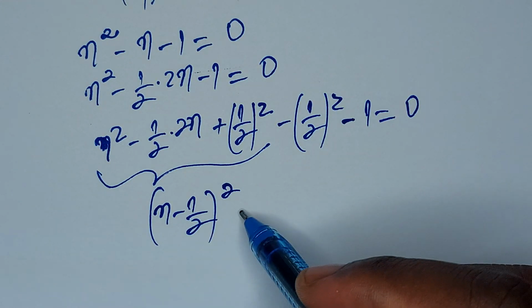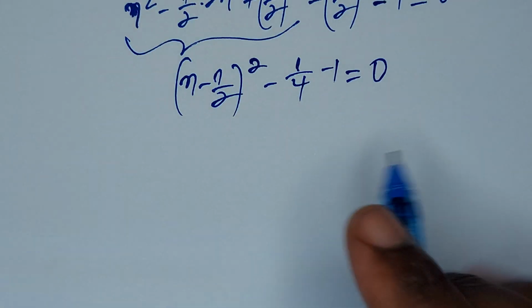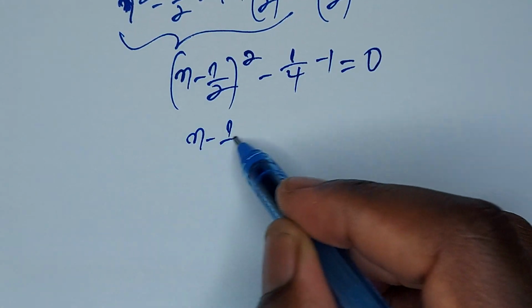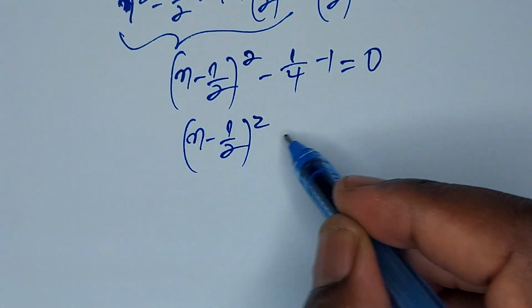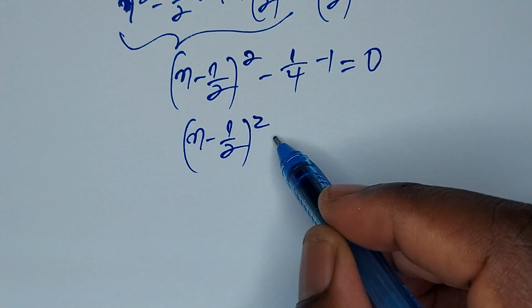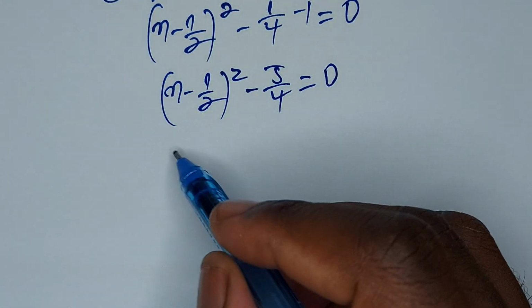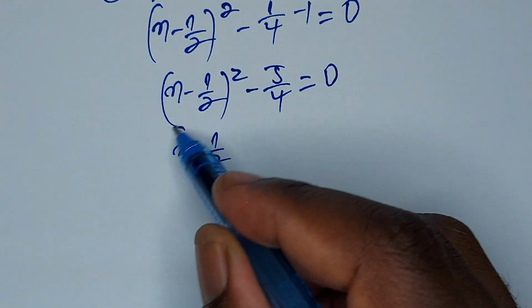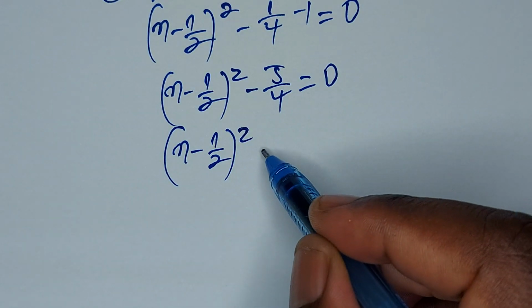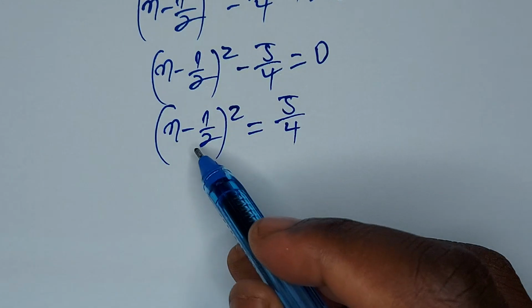And then we have here minus 1 over 4 minus 1 equals 0, and then we have minus 5 over 4, and this is equal to 0. Then we have n minus half squared equal to 5 divided by 4.